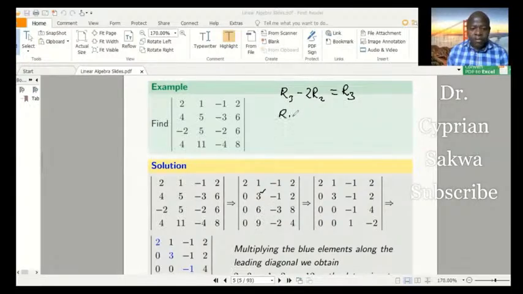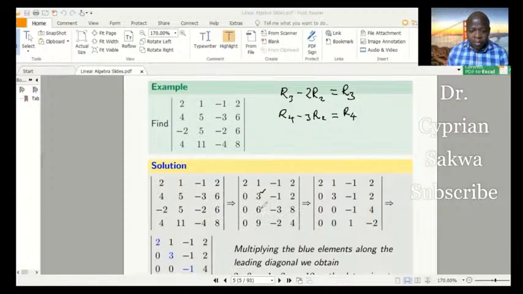So I'll take row 4 minus 3 multiplied by row 2. And that will give me the new row 4. That's what I want to do. So you can see that I have this row here and this second row, they remain the way they are. So I only want to change third and fourth row because these are the rows that I want zeros to be. I want zeros here in those 2 rows.